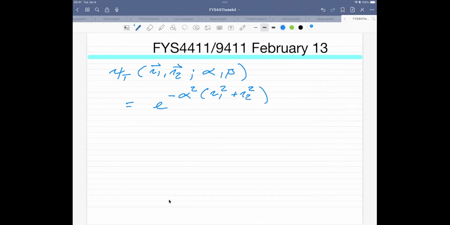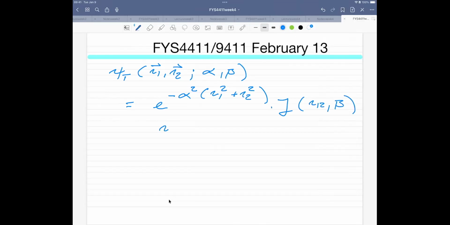Then there is something which we are going to call J, which is called the Jastrow factor, which is a way to model the correlations. So this part is now something which depends on the relative distance, R12, and it's a function of beta, the other parameter.